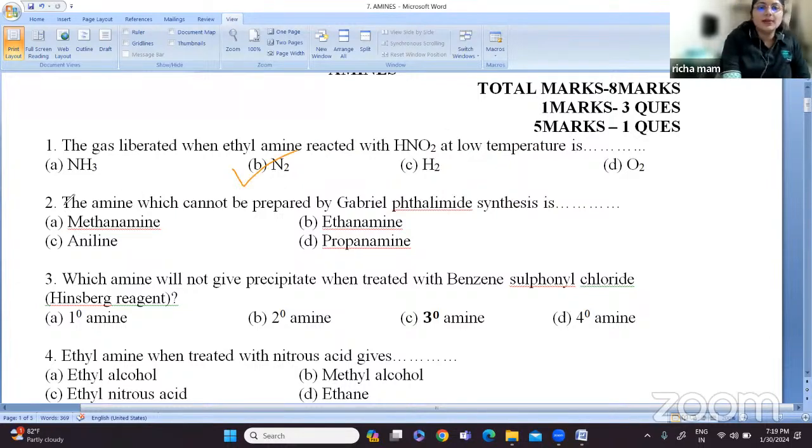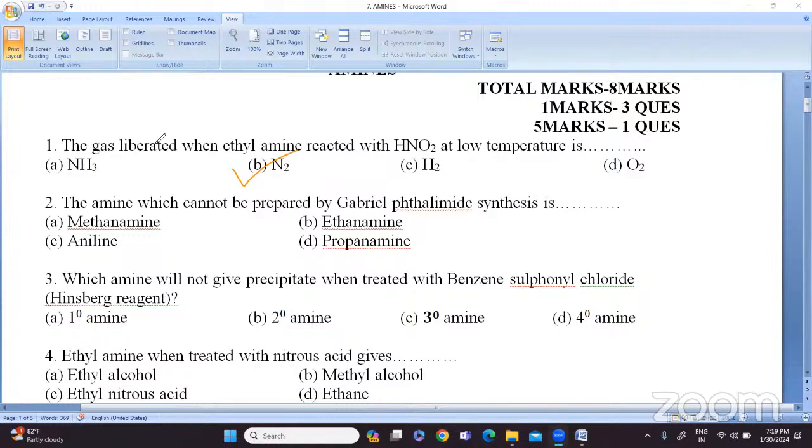Next question. The amine which cannot be prepared by Gabriel phthalimide synthesis is: A. Methylamine, B. Ethanamine, C. Aniline, and D. Propylamine.